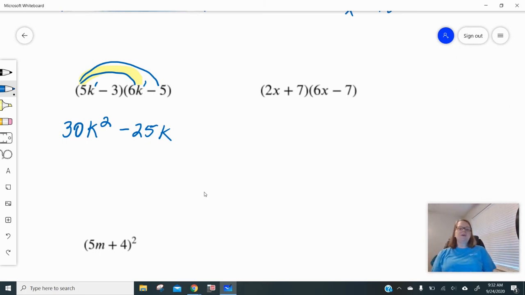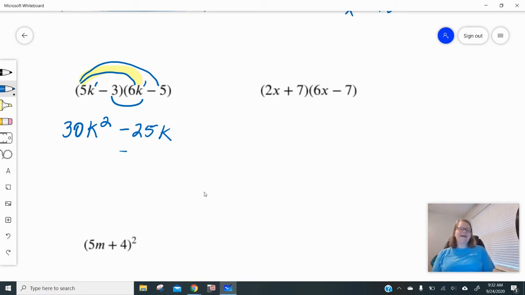Now let's do the same thing with the negative 3. Let's distribute it. So negative 3 times 6k. Well, negative 3 times 6 is negative 18, and that's a k term. So think, am I going to put it under the 30k squared or under the negative 25k? I'm going to put it under the one that it's alike, or like. Which word would that be? Yeah, like. Okay.